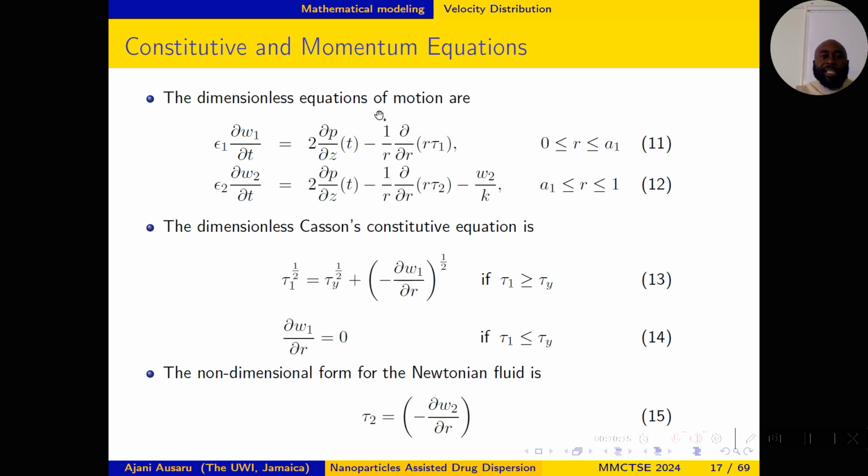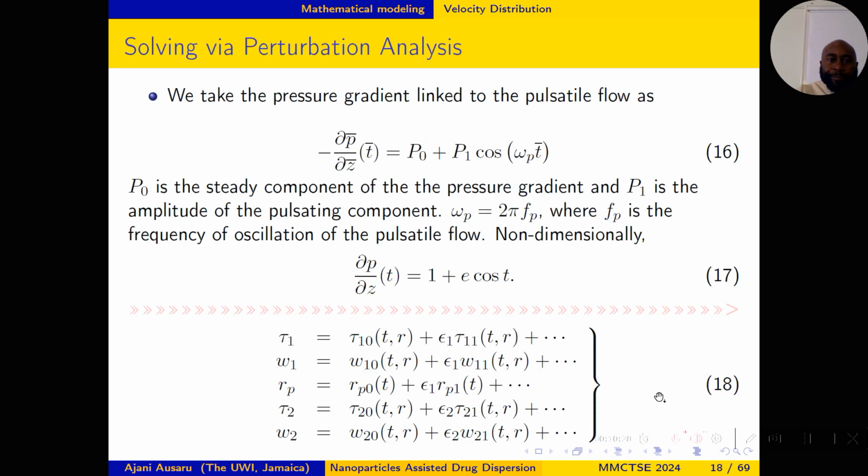So the dimensionless equations of motion are given by equations 11 and 12, and the constitutive equation in non-dimensional form by equations 13 and 14, as well as a Newtonian form for its constitutive equation.